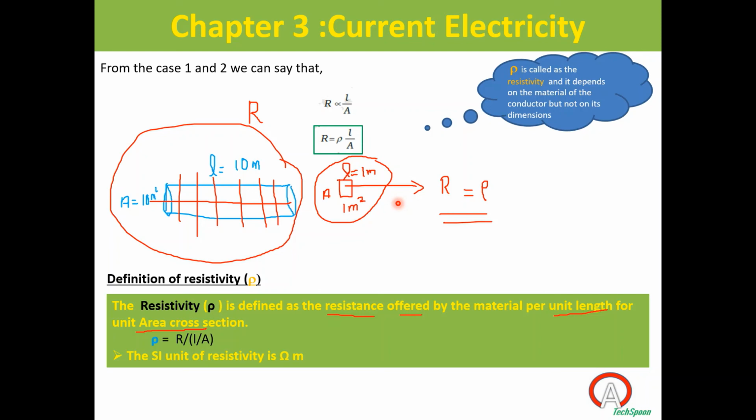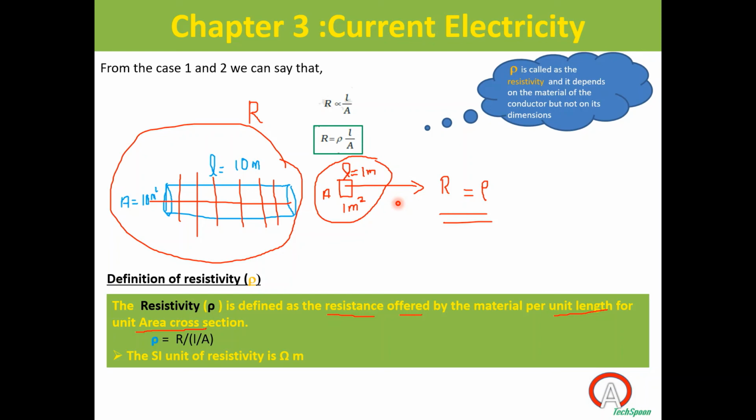When resistance increases, current will decrease. When resistance decreases, current increases. That we studied.